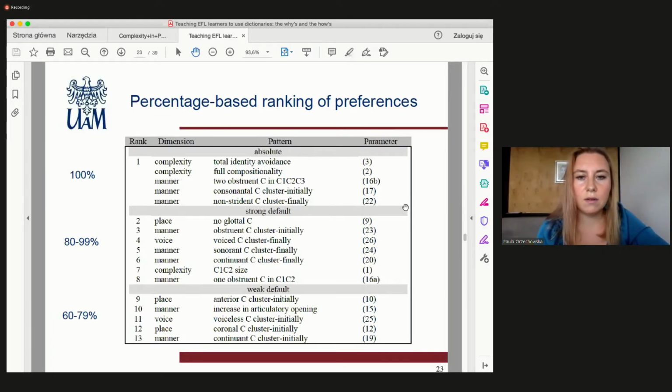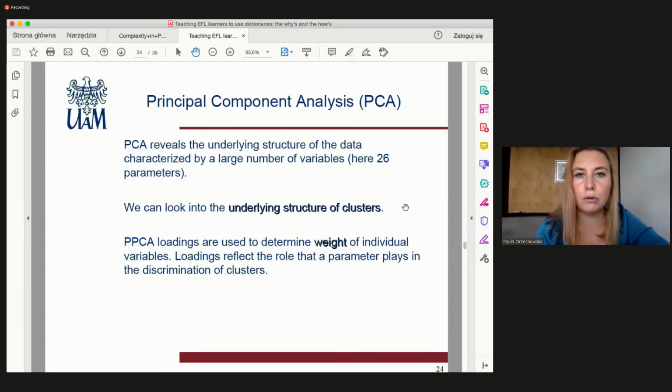And then there are some strong defaults and weak defaults presented here, so we can see that these preferences are followed by the majority of clusters in English. But this is not very telling. This is just descriptive statistics. We want to know statistically what the truth is.